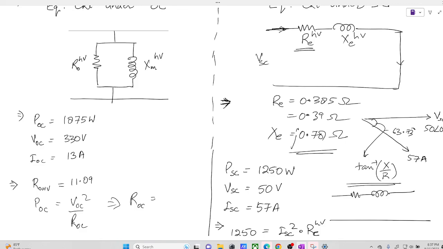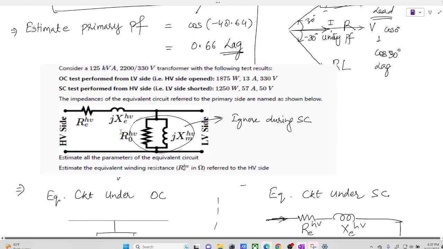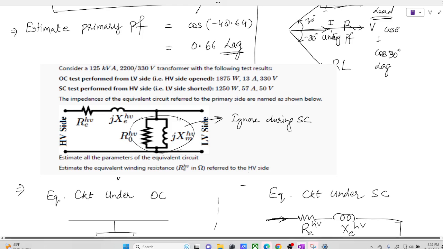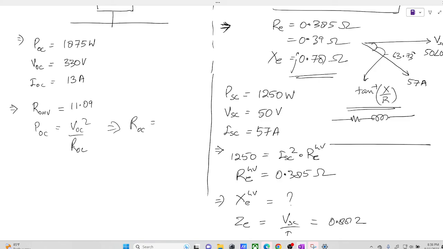Sir, I want to see the rating of the transformer on which we are conducting the test. But I am not getting 11.09.